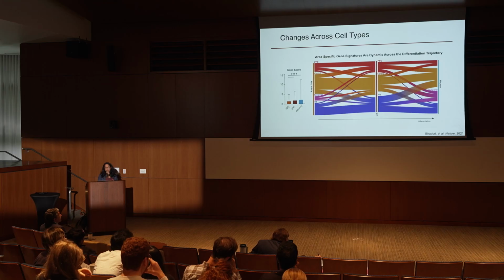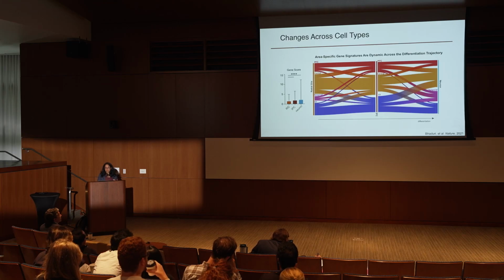I don't show it here, but if you also look at early, mid, and late stages of the second trimester, we see the same levels of dynamics, which is very interesting to us because it suggested that things are changing rapidly during these developmental stages. Upon thinking about this more deeply, we realized that this is consistent with a body of literature, using bulk RNA sequencing, describing stages of extensive gene remodeling during the second trimester and then later in the third trimester.